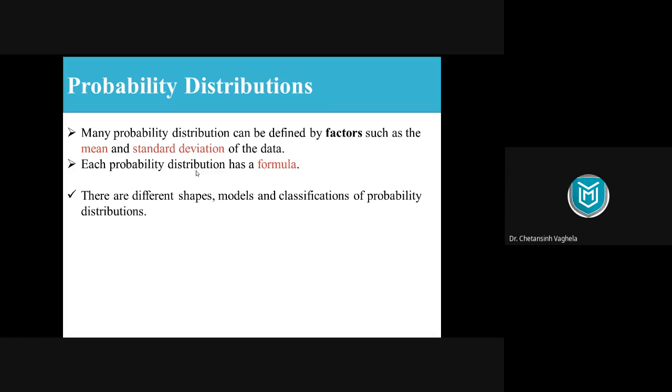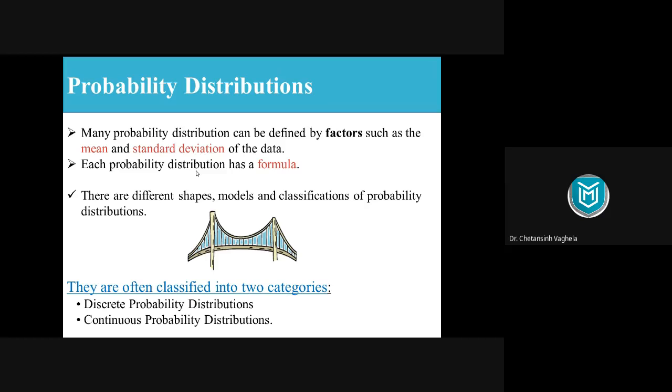We need to divide this probability distribution into two main categories. As we discussed earlier, we are going to discuss a discrete probability distribution as well as a continuous probability distribution. तो हम इन दोनों की बात करेंगे.